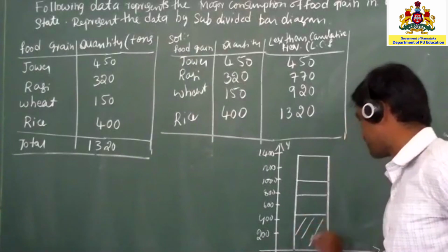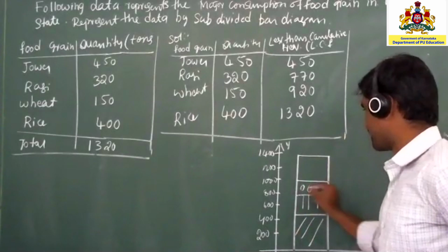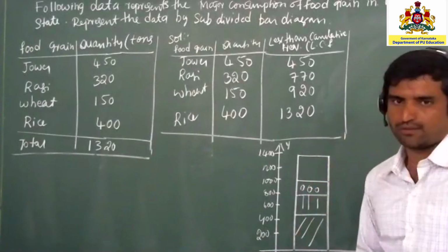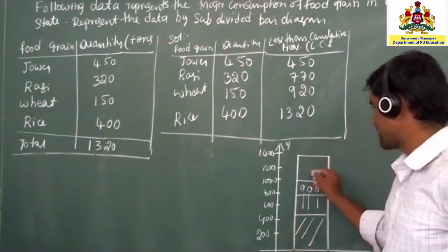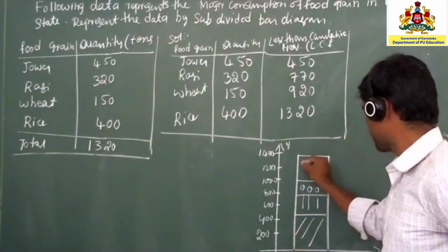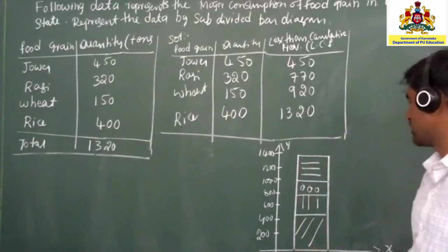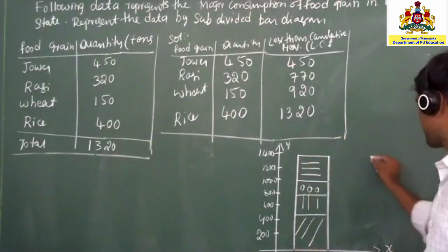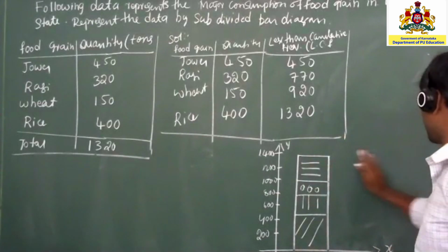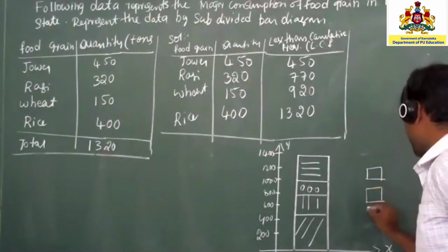After constructing the subdivided bar diagram, you should show the different components. The first one is Jowar, next one is Ragi, next one is wheat. The shading is your choice. Next one is horizontal lines, last one is rice, and you should write them in the index. There are four items in the index.